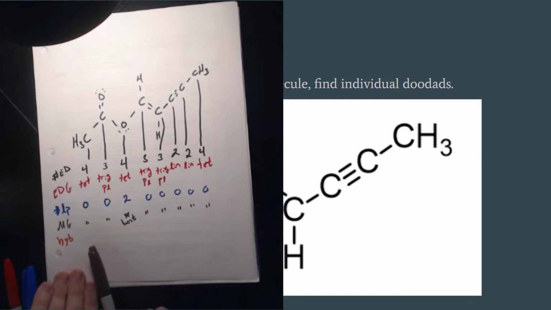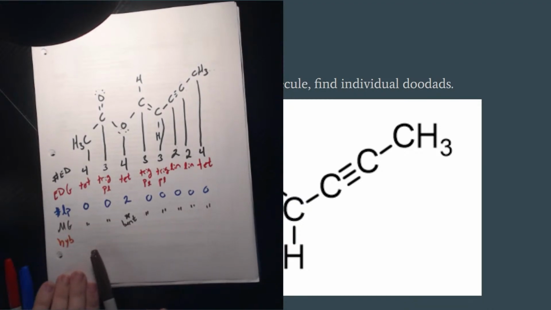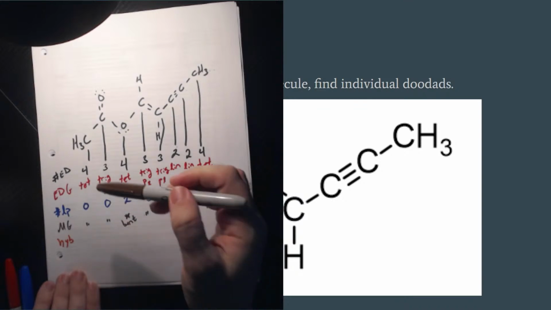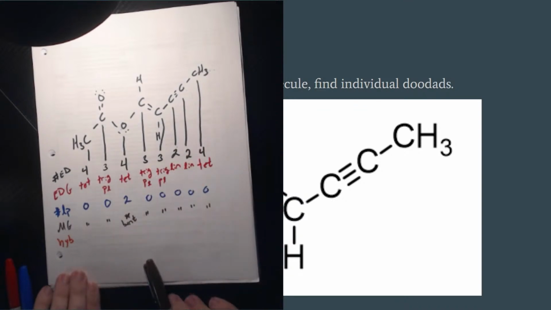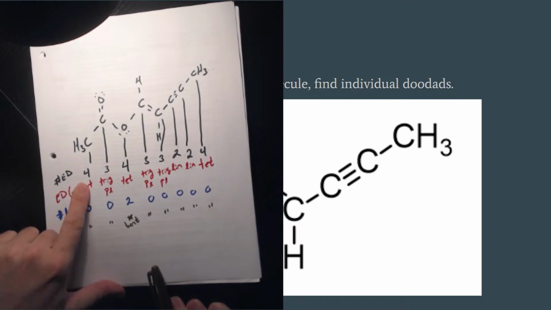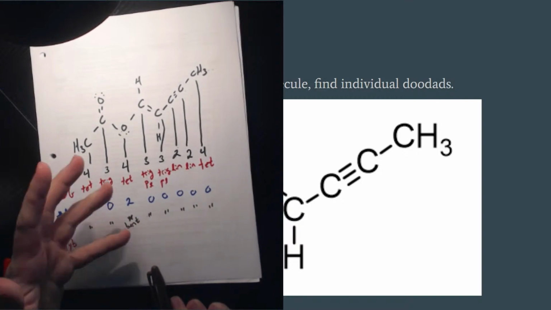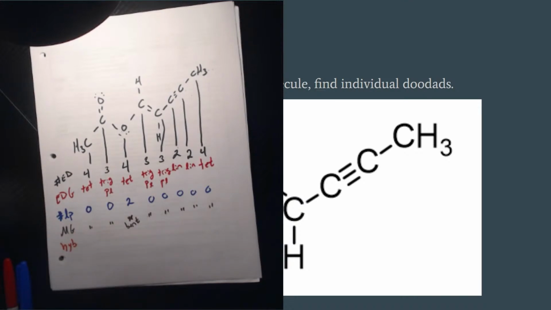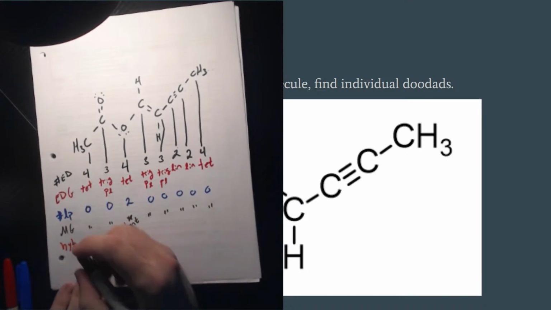Now, as for hybridization, finding hybridization is pretty straightforward. It's just based on the number of electron domains. You have as many hybrid orbitals as you do electron domains. So you just count. In order to have 4 electron domains, you need 4 orbitals.